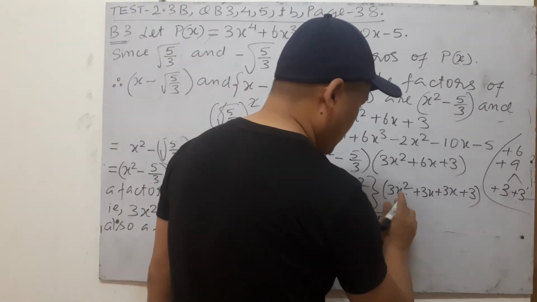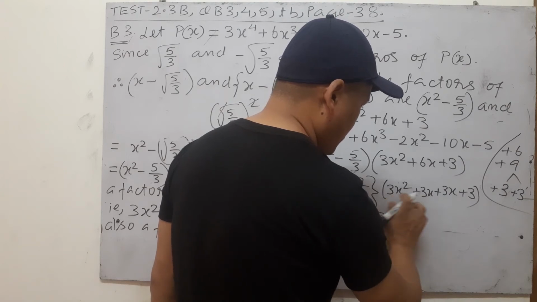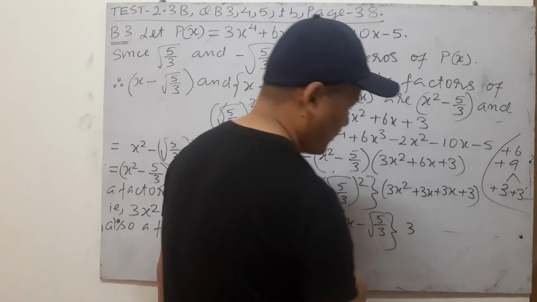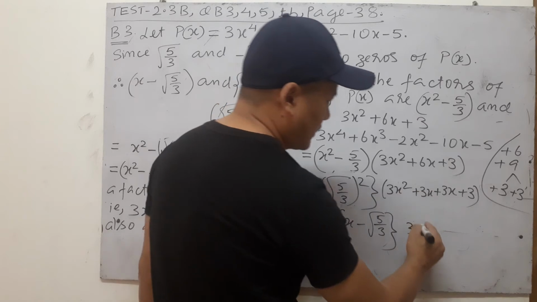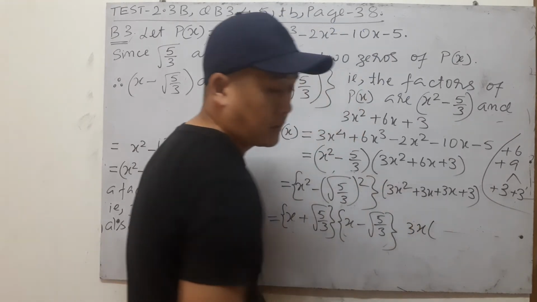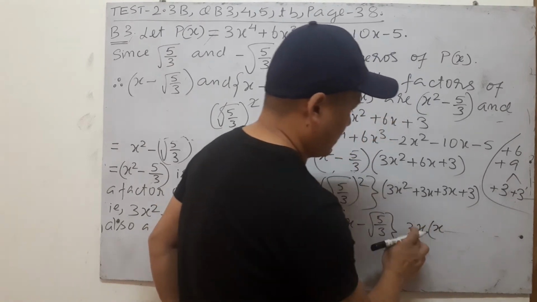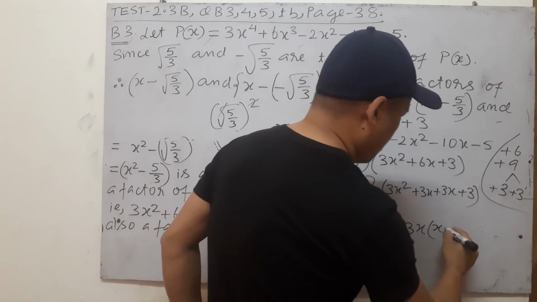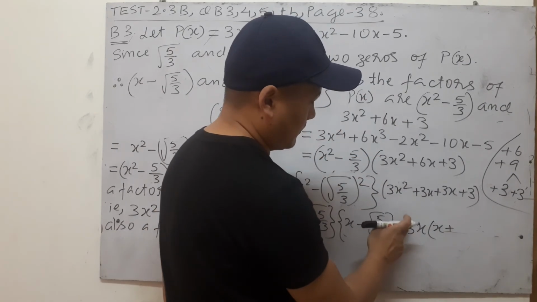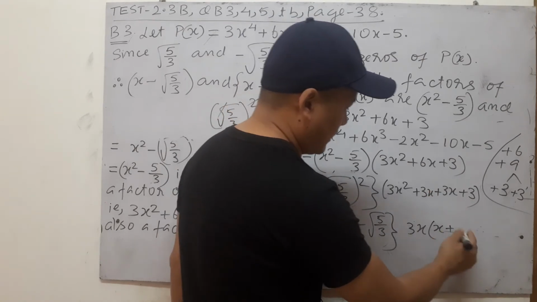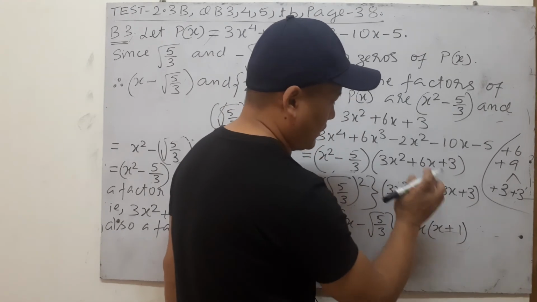Now let's factorize this. The highest common factor of 3x squared, 3x is 3x; put a bracket. 3x into x is 3x squared, plus 3x has gone outside, so what is left is 1, 3x into 1 is 3x.